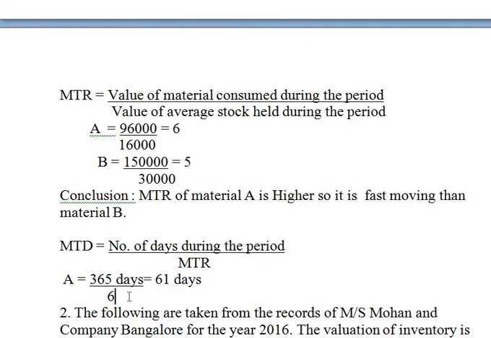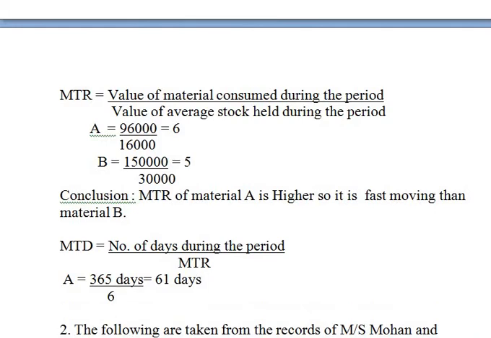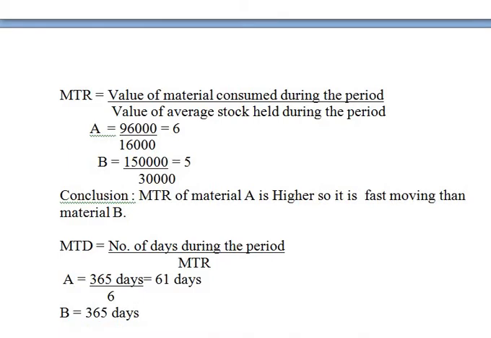Okay, same thing we need to calculate for B also. So B is equal to 365 days divided by, now MTR of material B is 5.